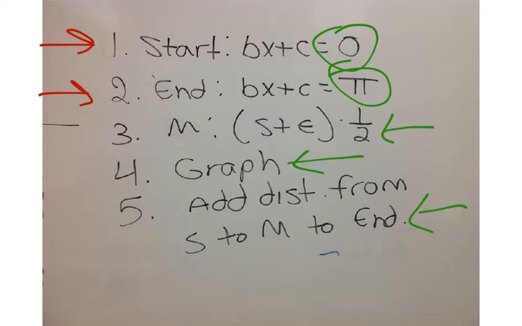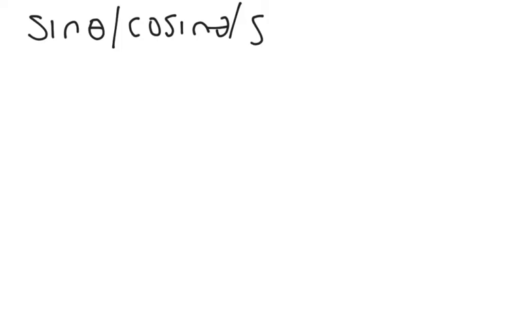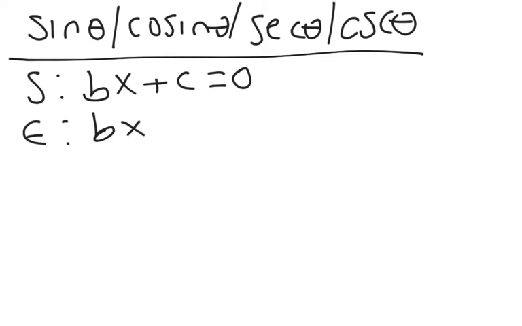Okay? Alright, so overall notes. We have sine, cosine, secant, and cosecant. The start and end points for those are bx plus c equals 0, and the end point is bx plus c equals 2 pi.